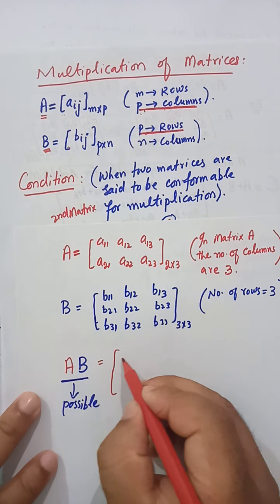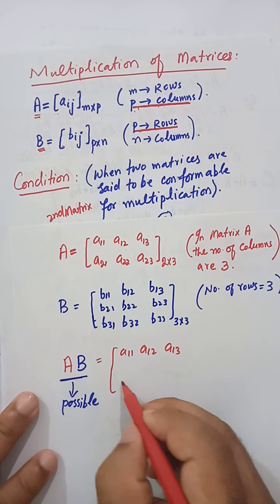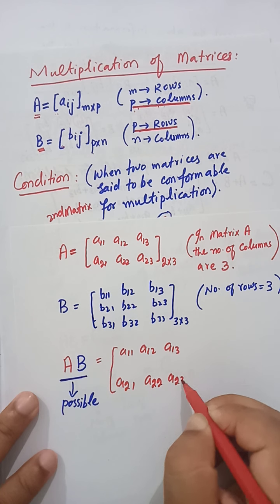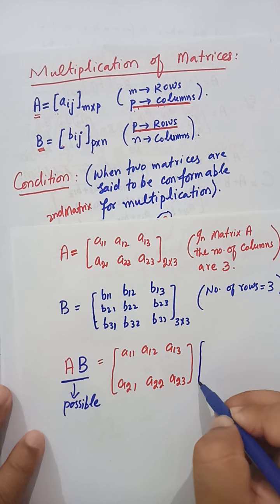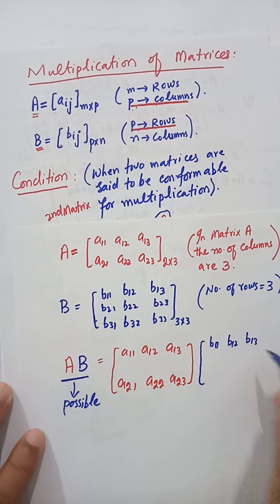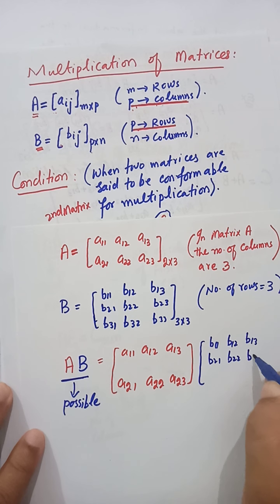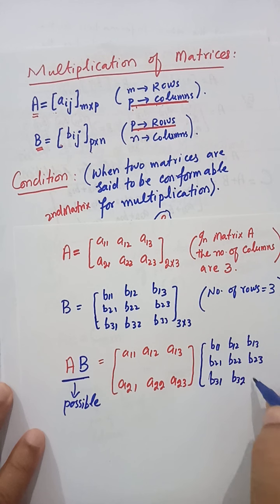So this is matrix A: A11, A12, A13, A21, A22, A23. And the second matrix which you are multiplying with this one is B11, B12, B13, B21, B22, B23, B31, B32, B33.